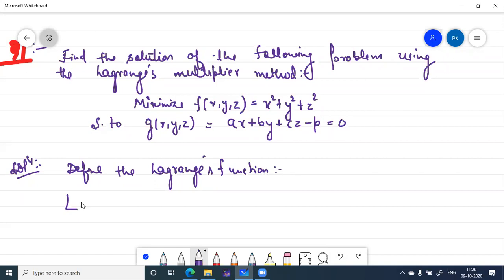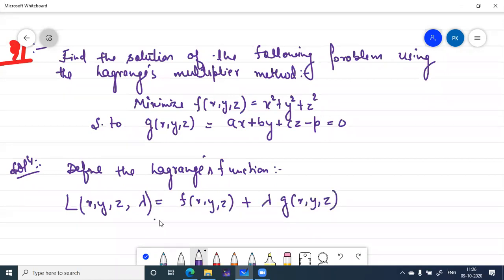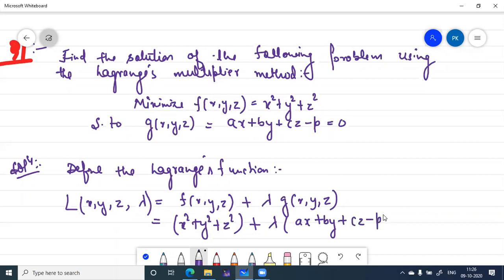It's denoted by L. Three variables here and including one parameter. So it's equal to f of x, y, z plus lambda g of x, y, z. Now the value of the given function is x square plus y square plus z square plus lambda times ax plus by plus cz minus p.